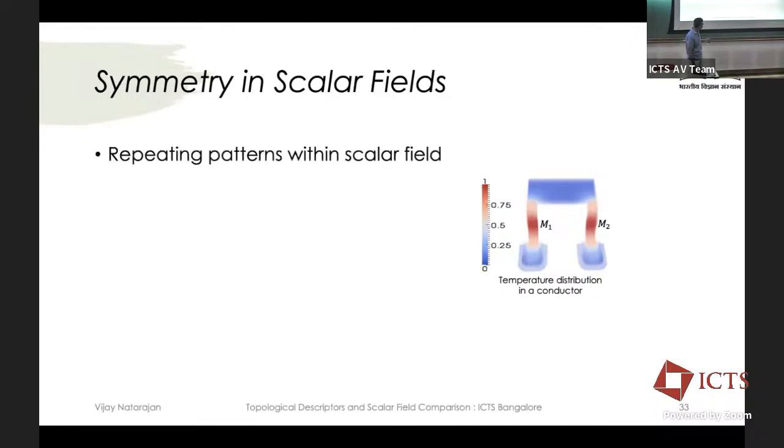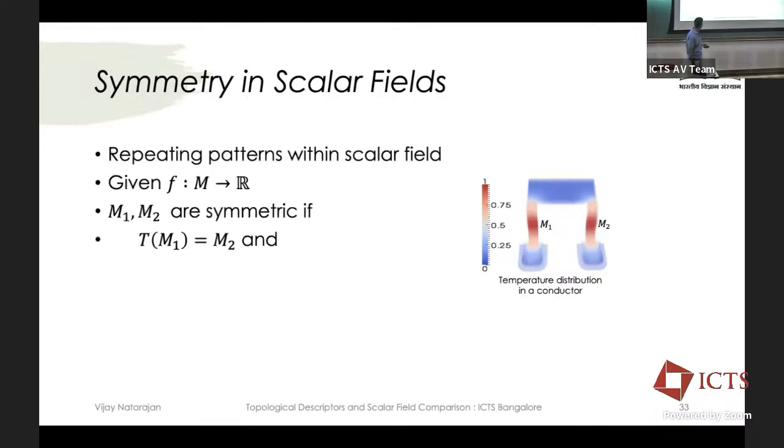I would like to find that M1 and M2 are the two symmetric copies. I call them symmetric copies because there is some transformation that takes M1 to M2. In this case, it's a simple translation, but that transformation preserves the function values, right? So I would like to find all such copies.